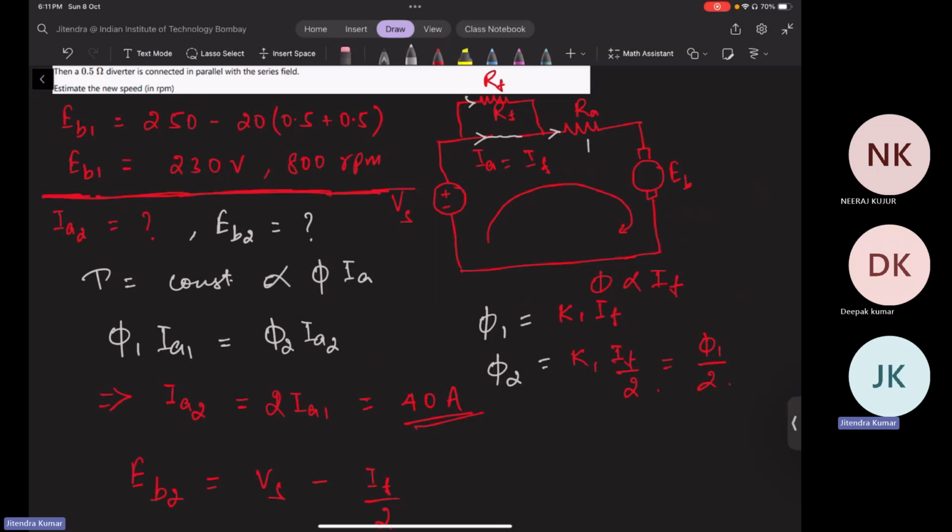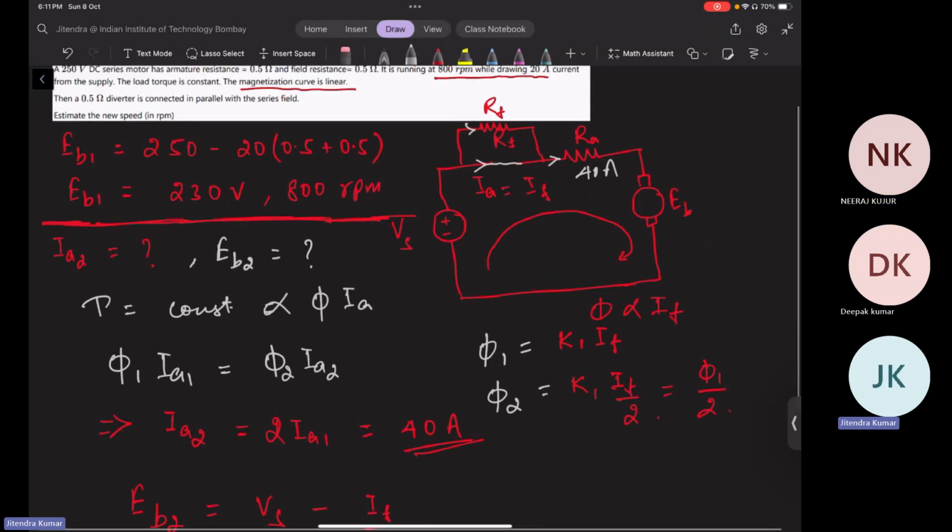Since here it is flowing 40 amps, here it will be 20 amps and 20 amps.